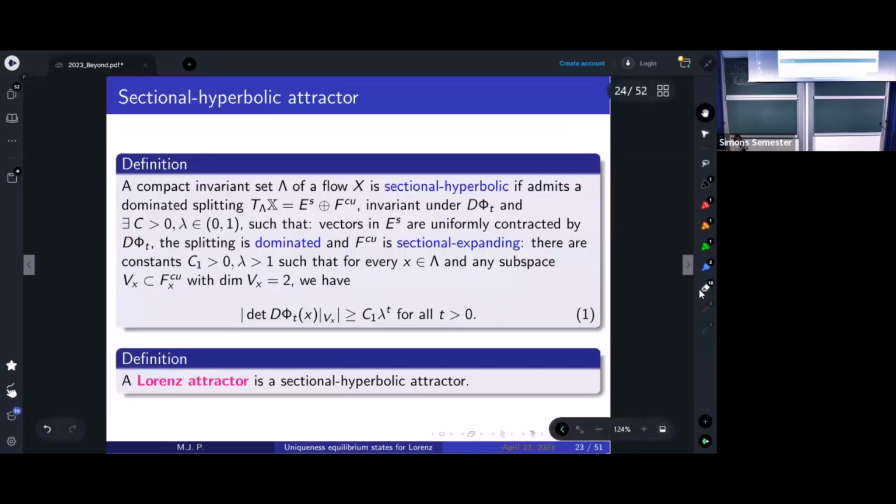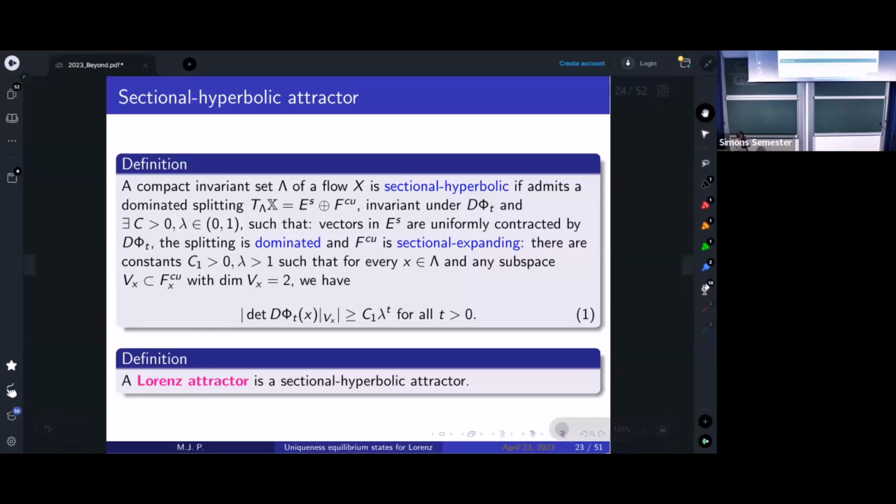And what is a sectional hyperbolic attractor? A sectional hyperbolic attractor is one that admits a dominated splitting, which is the direct sum of E^s plus F^cu, the central one, invariant under the derivative of the flow, where the vectors in E^s are uniformly contracted by the derivative, and the central unstable is sectionally expanding.